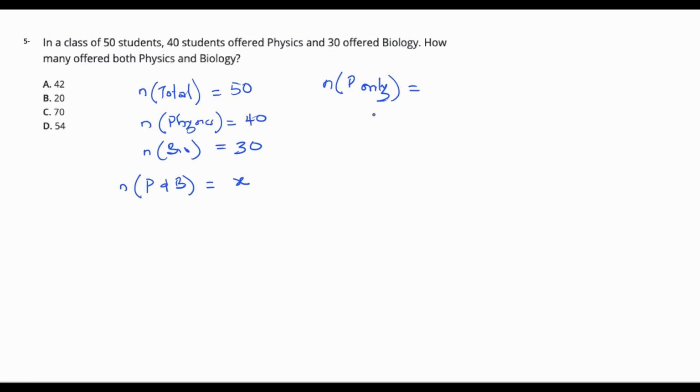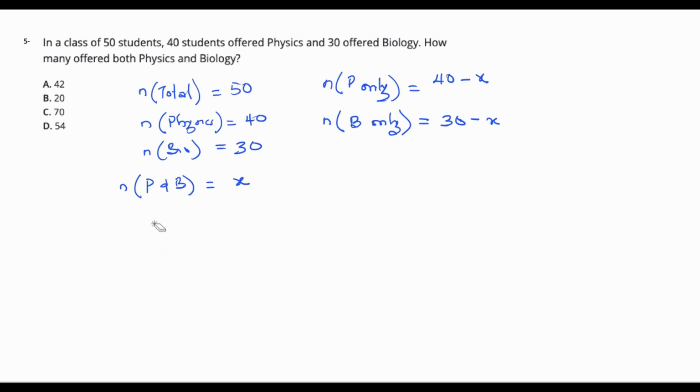So we're left with those that offer only physics, and that's going to be 40 minus X. If we're also trying to find the number of pupils that offer biology only, that's going to be the total number of students that offer biology minus those that offer both physics and biology. This gives us the total number of students that offer biology only.